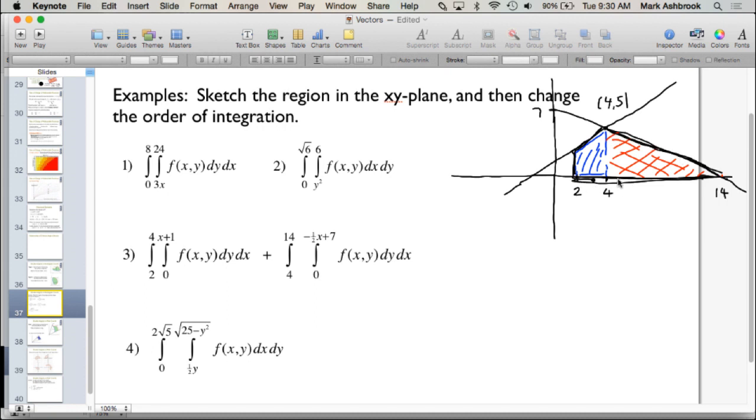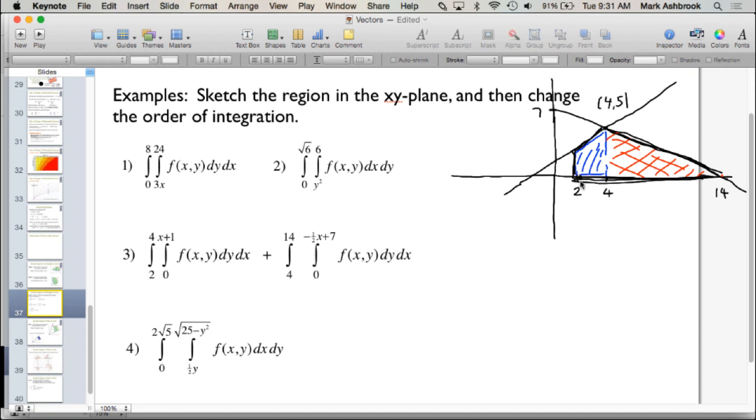Okay, there's the boundary of this whole thing, right? So what's the left side of this? We're going to go left to right first. What's the left side? 2 and then it changes. Is it 2? No. Is the left side 2?